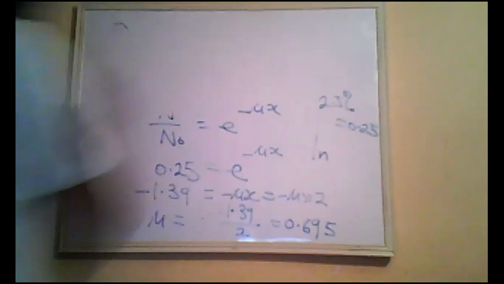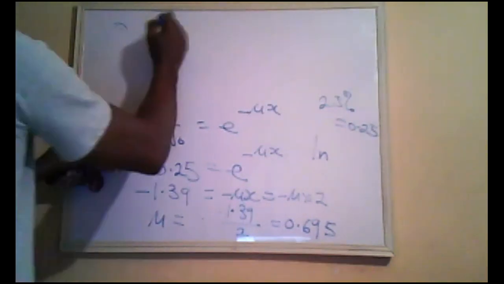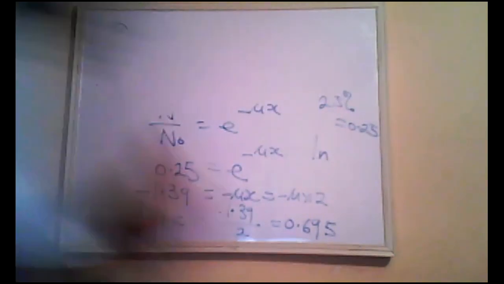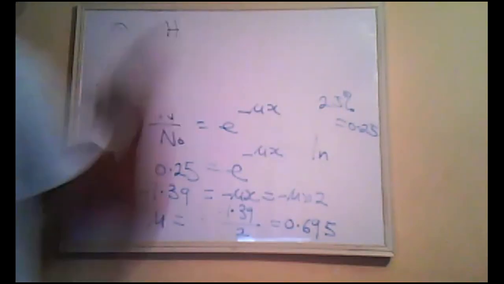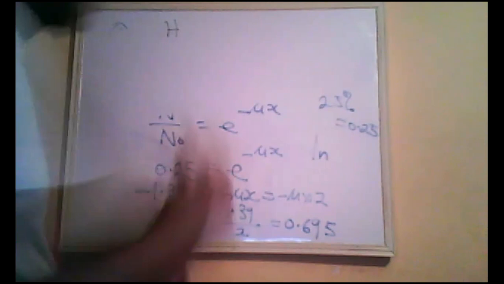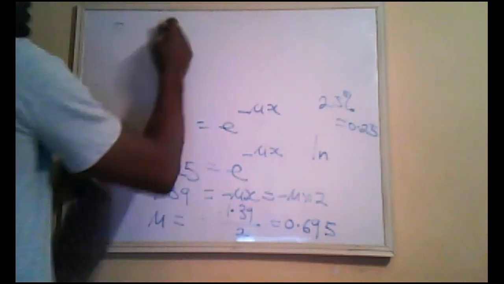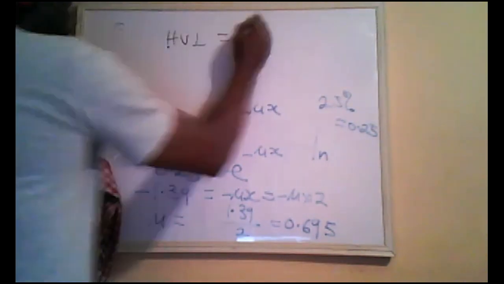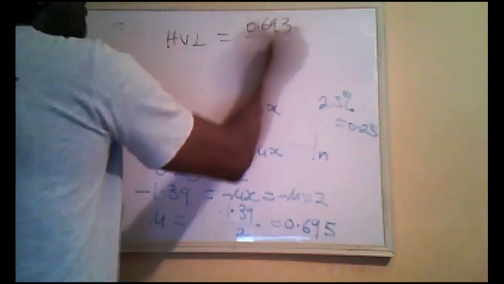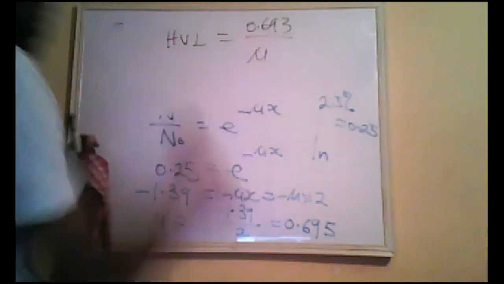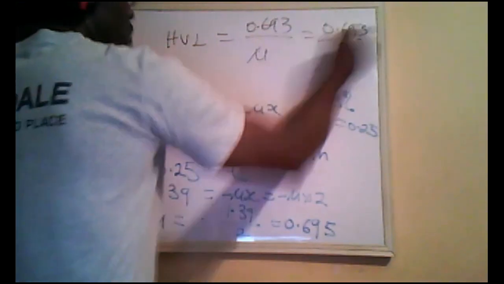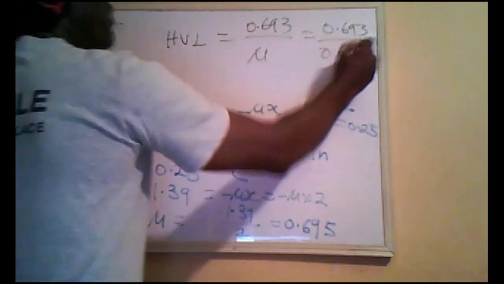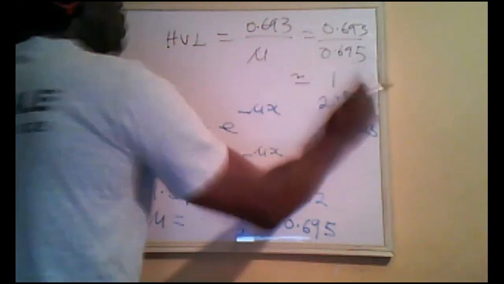So what we know is that our HVL is 0.693 over 0.695, which is approximately equal to 1.